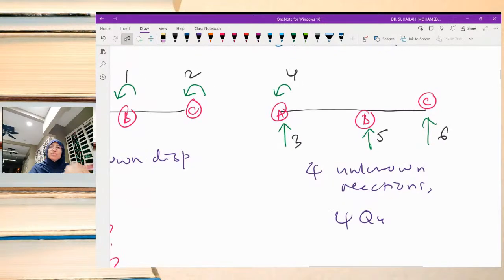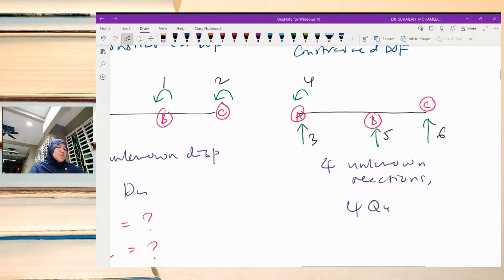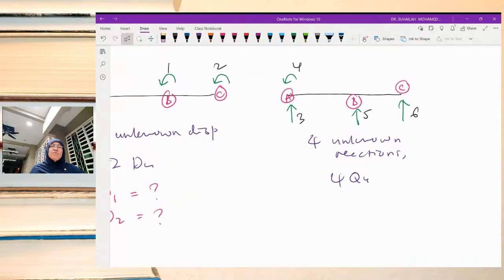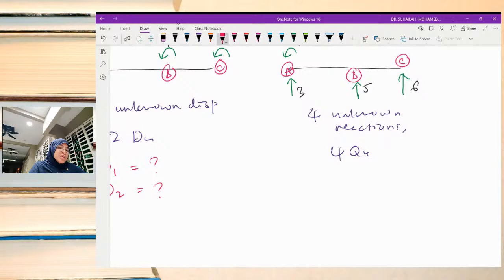You can also start 3 at C. It's up to you. So the labels for the unknown reactions will be Q3, Q4, Q5, and Q6. These 4 will be the unknown reactions.